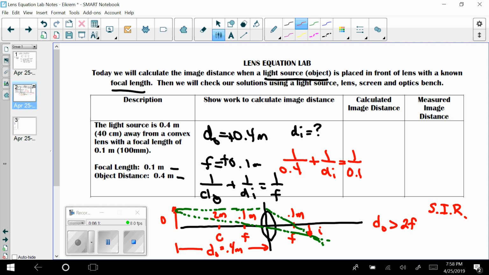If I do the math on that, that would give me 1 over dI equals 10 minus 2.5, or 1 over dI would be equal to 7.5. dI then would be equal to 0.133 meters, and it would be positive.